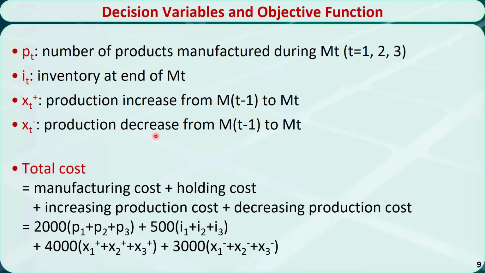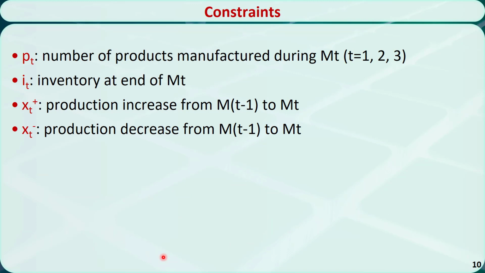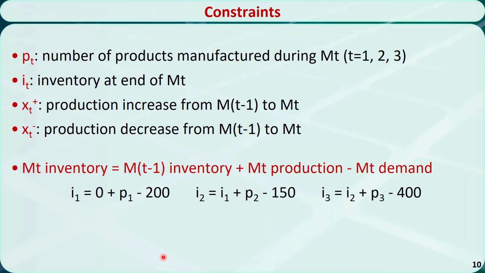The total cost is equal to the manufacturing cost plus the holding cost plus the increasing production cost plus the decreasing production cost. For the constraints, we have these 2 sets of relations. First, month T's inventory is equal to month T minus 1's inventory plus month T's production minus month T's demand.